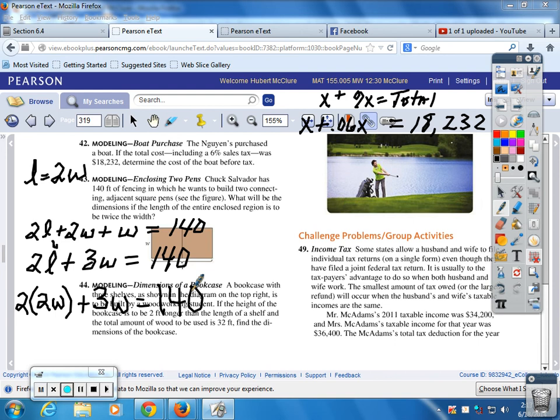You cannot solve an equation with two unknowns. You have to change it into one unknown. Either change them both into L's or change them both into W's. Now the problem tells you right here, and you need to highlight this.